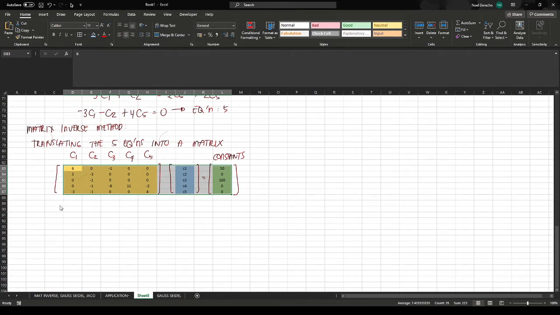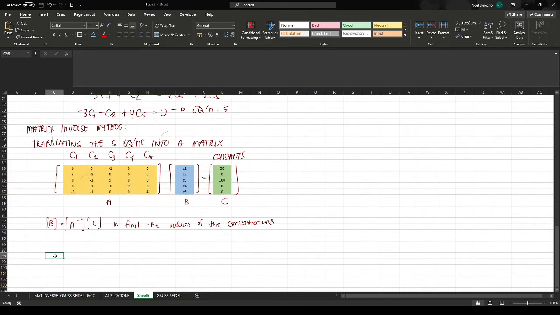Before that, let's just declare that this is, say, matrix B, matrix A, then matrix C. Therefore, your matrix B is equals to inverse of matrix A times the matrix C to find the values of the concentration. So, let's get the matrix inverse for A.